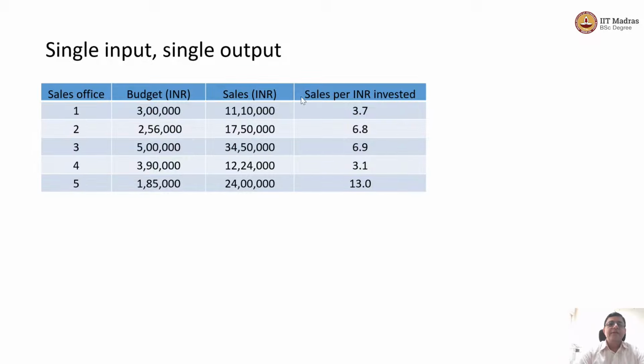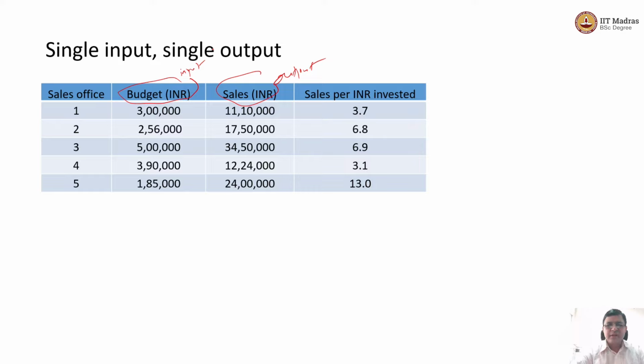Obviously sales is an output variable, and the budget that they have invested is the input variable. This is a simplistic example of a single input and single output.